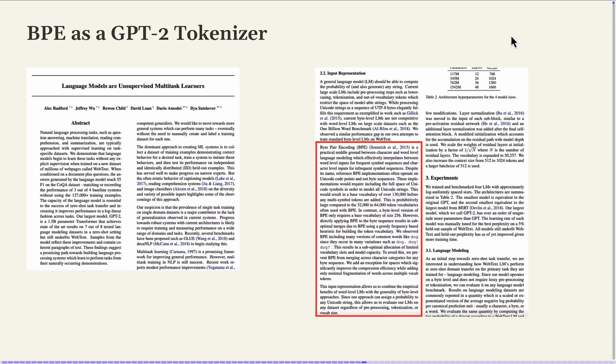And they said this is very large compared to the 32K or 64K token vocabularies often used with BPE. So here it defines BPE in the same way. We already went through the Unicode tokenization, character level tokenization, word level tokenization.